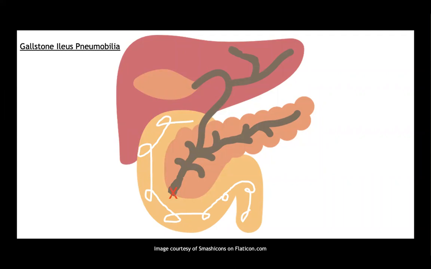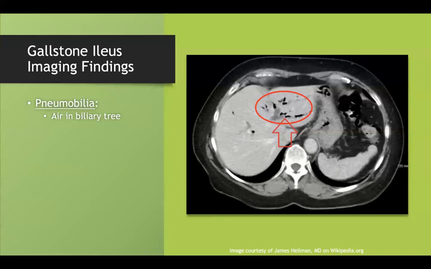But if the air ever tries to get into your biliary tree, we have our sphincter of Oddi and a few other things that seal this area off, and you don't allow significant amounts of air inside your biliary tree. In Gallstone Ileus, though, you form this fistula between your gallbladder and your GI tract, and so that air can actually start moving into that region, and you'll find air in your biliary tree on imaging studies.